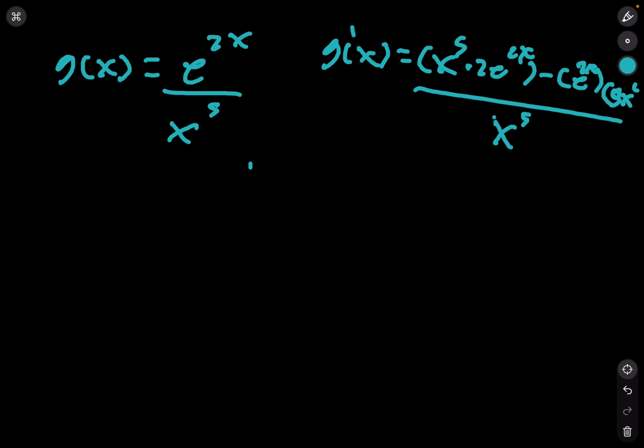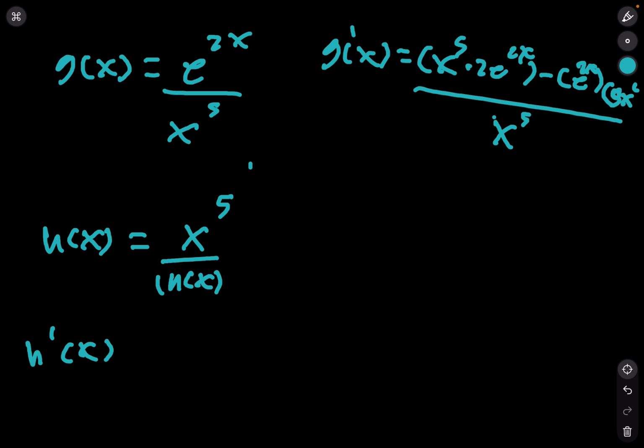I want you to do this. Let's say you had x to the 5th over natural log of x. From here, you would just do the same thing. h prime of x is equal to, bring the function up. I forgot to put the square here. Ooh, you see me tricking you like that.